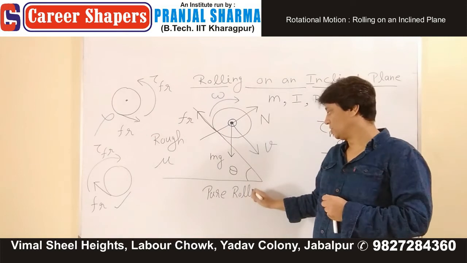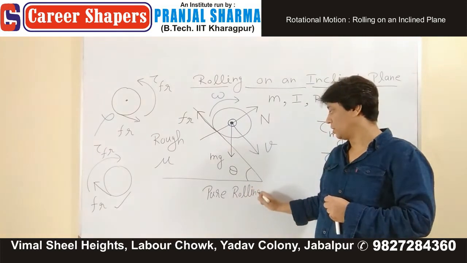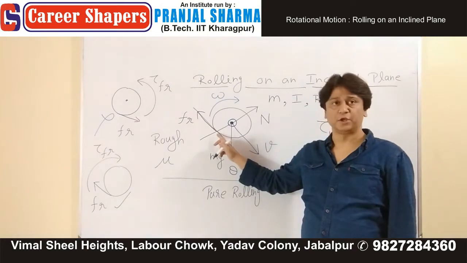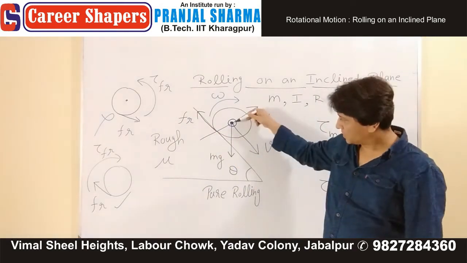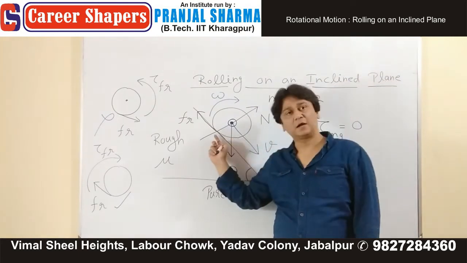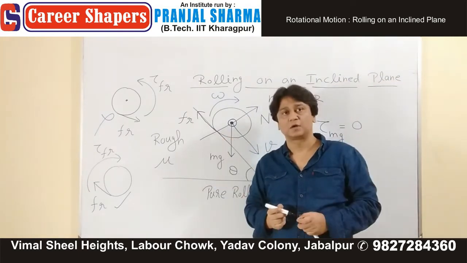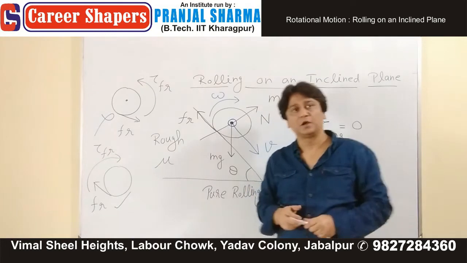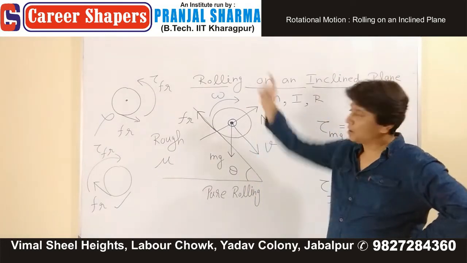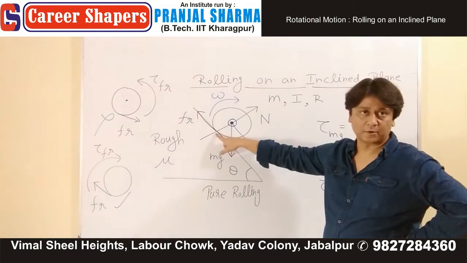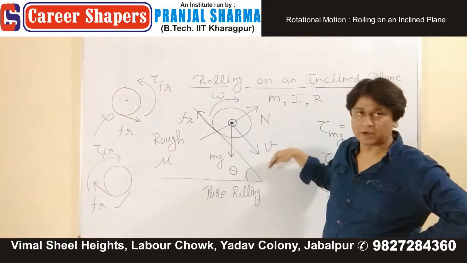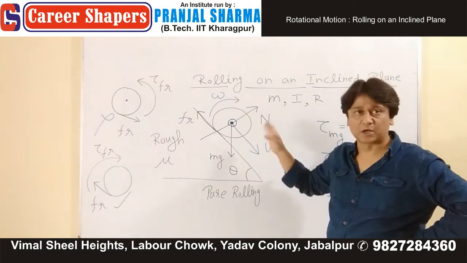And I hope you remember that during pure rolling, velocity of the contact point is zero. This thing is coming down, but contact point, its velocity is what? Zero. And friction opposes what? Relative motion of the contact point. So, if somebody is using the argument that wheel is coming down, then this argument is not correct.